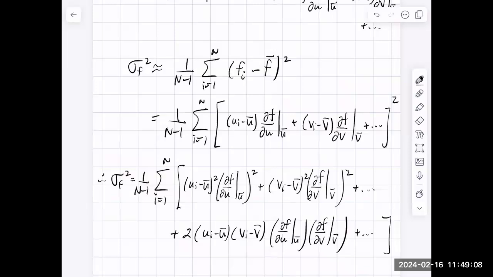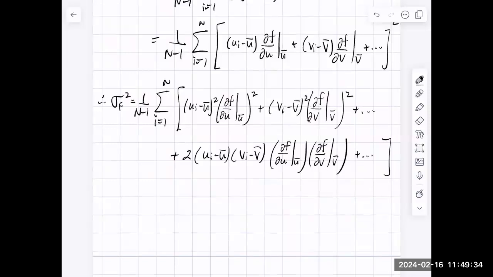Okay, so there's some nice things here. If I distribute the sum, this first term is exactly like in the other example. This is just going to be sigma u times this derivative. And this one's just going to be sigma v times this derivative. This thing is new, right? So we'll have to handle that with a little bit of care.